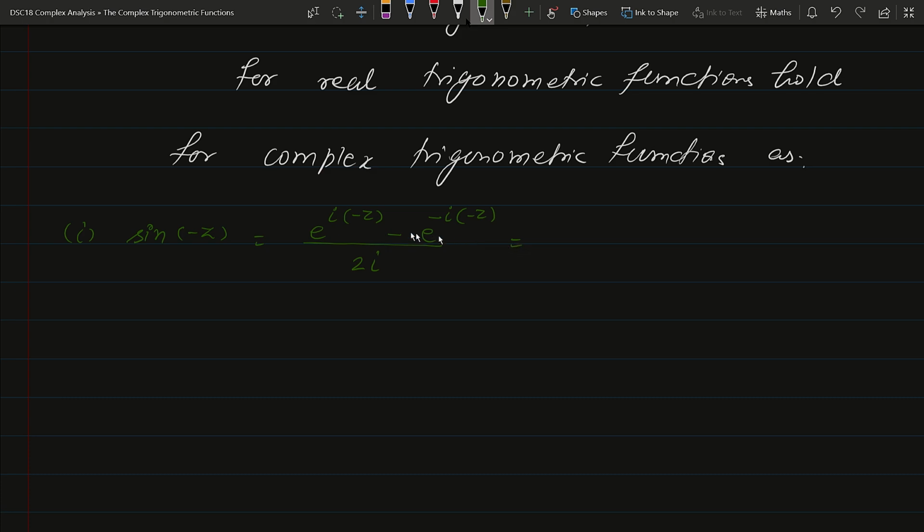And if we simplify this, then we will have e to the power minus iota z minus e to the power plus iota z over 2 iota, and we can write this as minus of e to the power iota z minus e to the power minus iota z over 2 iota, and we know this expression is for sin z, so we can write minus sin z.